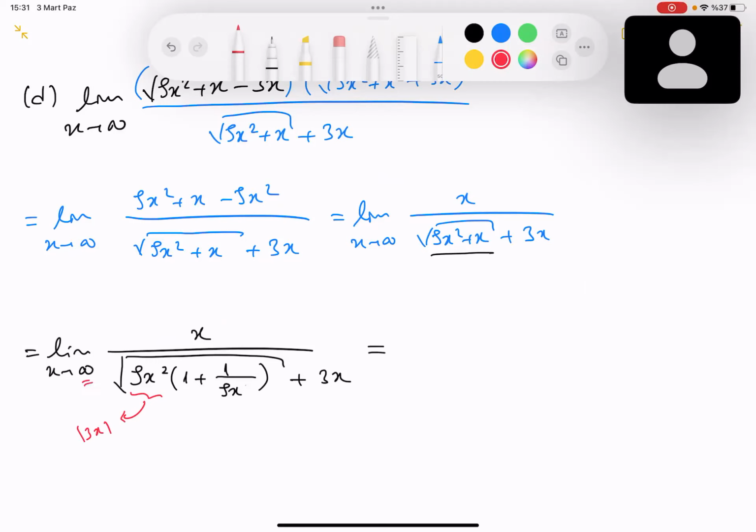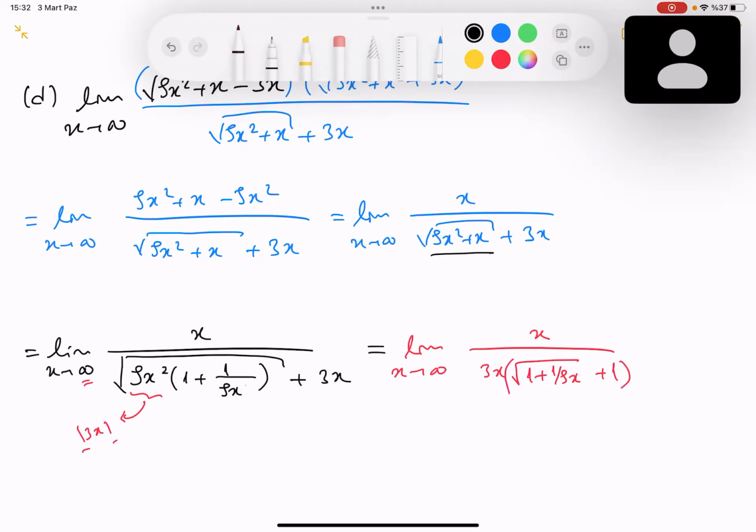But x is approaching infinity, which means x's are positive, so you can get rid of this absolute value, which means you have now this. We can write the denominator in the parentheses of 3x. So you have this now.